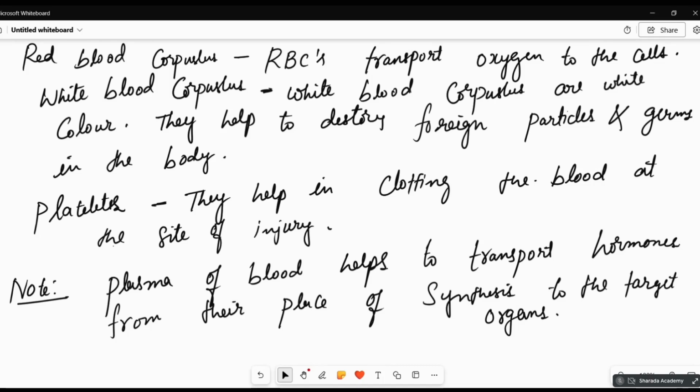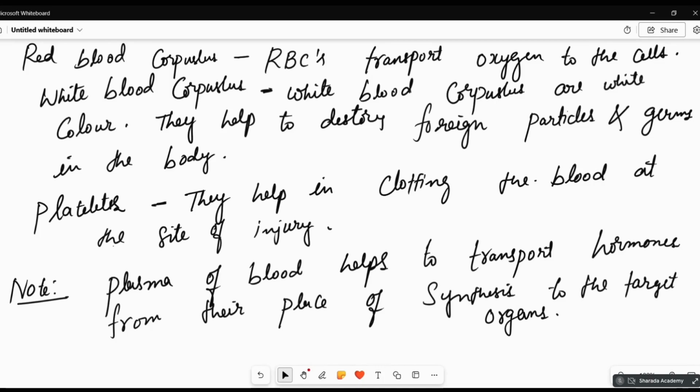For example, with growth hormone, we observe that most of the time whether the person is tall or short depends on their parents. The growth hormone decides whether the person is tall or small, so how much hormone is secreted depends on his genes, his DNA. Hormones are usually secreted in one place, whereas the target organs are in different places. So depending on how much hormone is secreted, growth may vary.